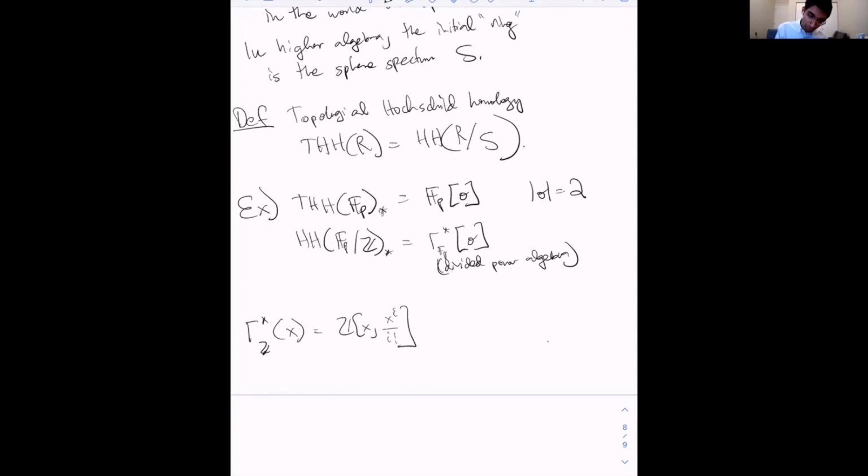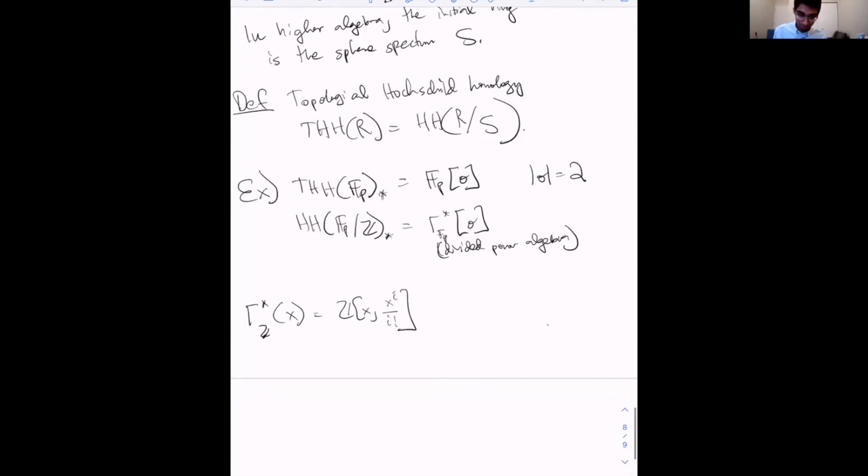And this is a divided power algebra over F_p, which means that you also mod out p. So in particular, the element sigma has its p-th power 0, because sigma to the p is divisible by p. So it ends up being this big tensor product of truncated polynomial rings. And so in particular, it's not such a nice ring for that reason. Thanks for the question.